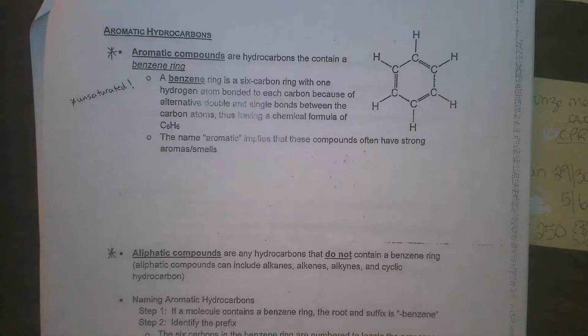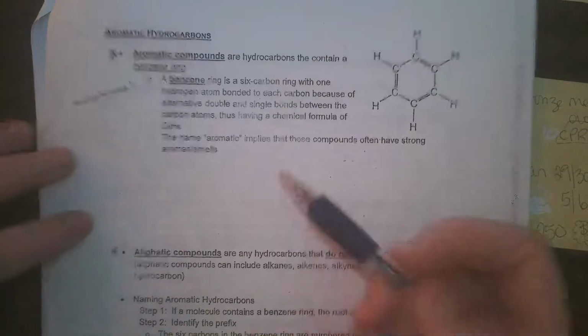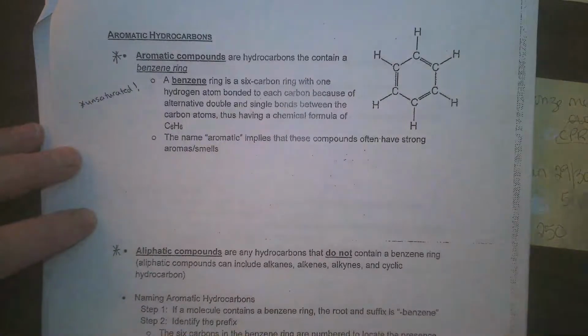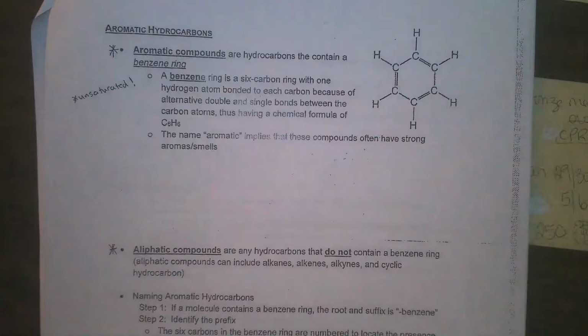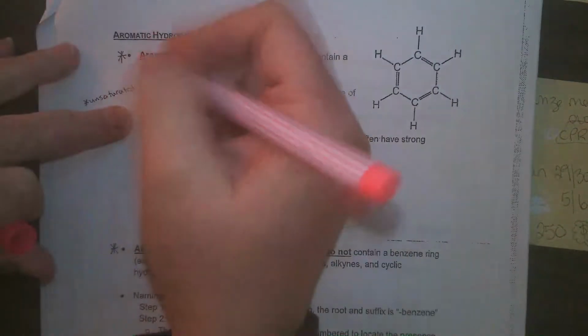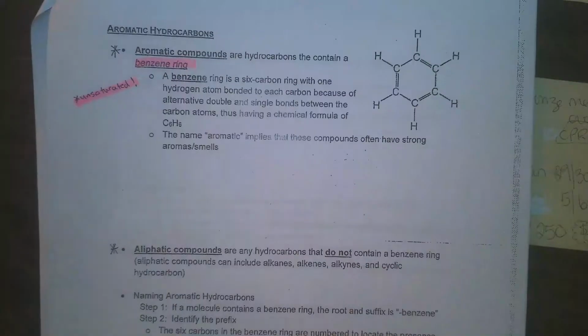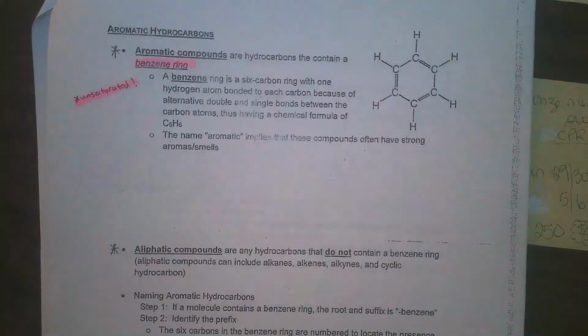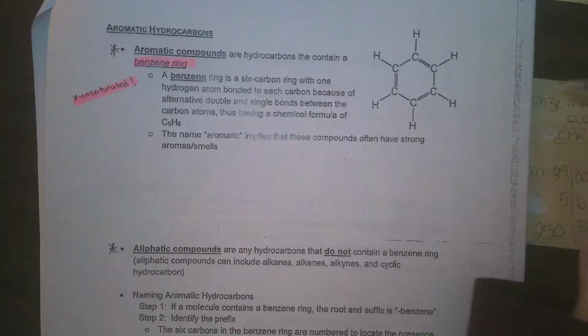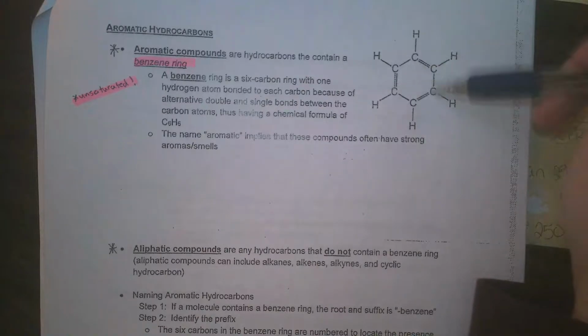Okay, aromatic hydrocarbons are simply an extension of a cyclic hydrocarbon, only it has the maximum number of double bonds that you can have. So an aromatic hydrocarbon is always a benzene ring. And it's unsaturated because there is not the maximum amount of hydrogens that you can have around it. A benzene ring is a 6-carbon ring with 1 hydrogen atom bonded to each carbon, and the double bonds alternate.